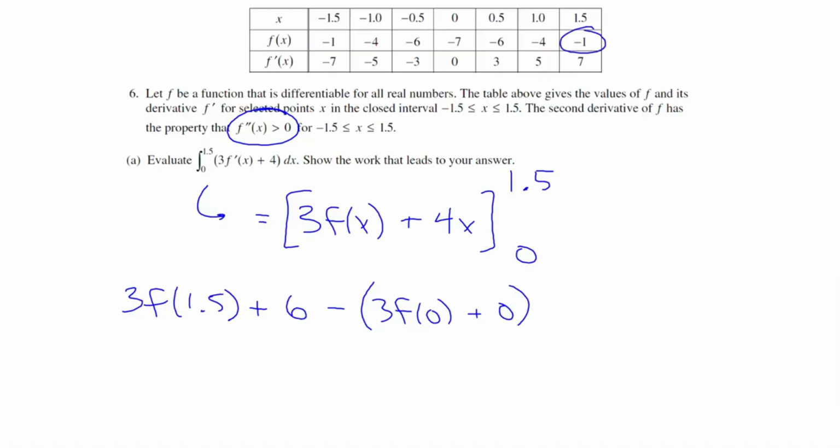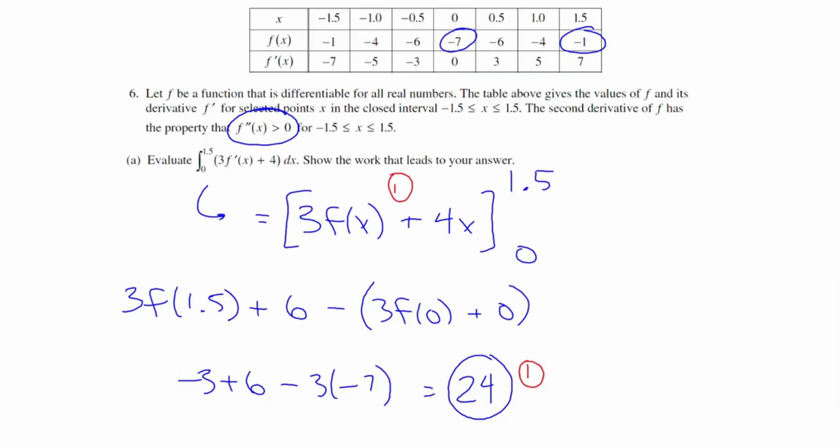F of 1.5 is negative 1. So 3 times negative 1 is negative 3, and then plus 6. And then minus 3 times f of 0. F of 0 is negative 7, so we have 3 times negative 7 there. Right, so negative 21. So we have negative 3 plus 6, which is 3, and then plus 21, which is 24. They gave you 2 points there, 1 for the antiderivative and 1 for the answer.